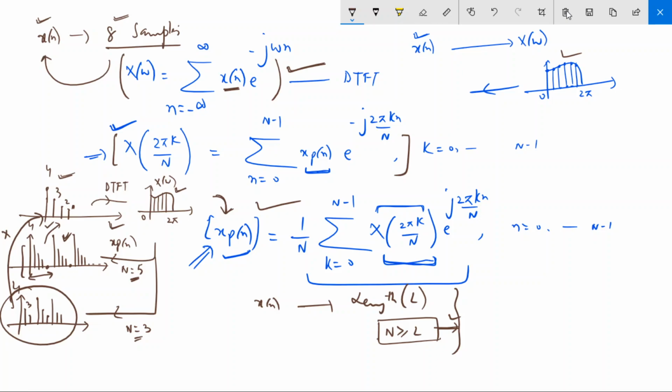So in order to avoid aliasing distortion in the time domain, the number of samples must be greater than or equal to the length of the original signal.